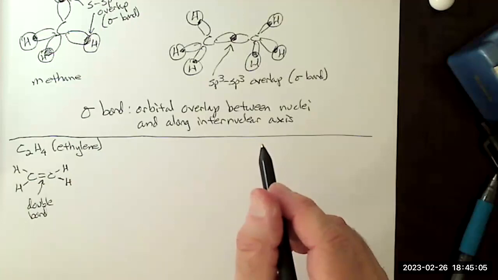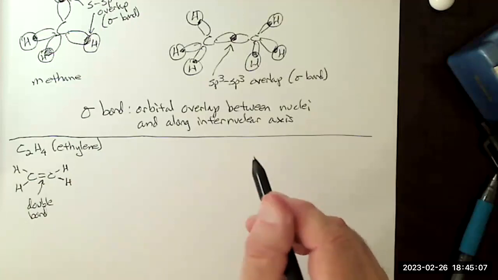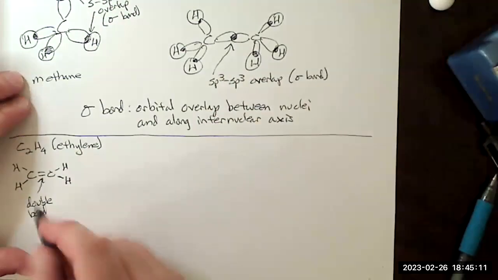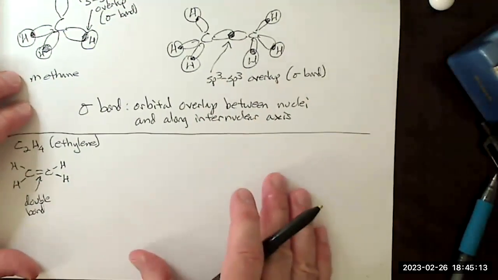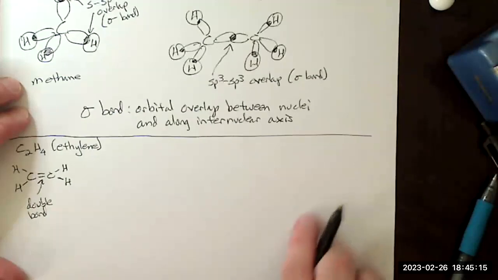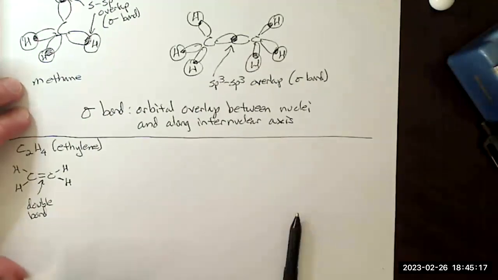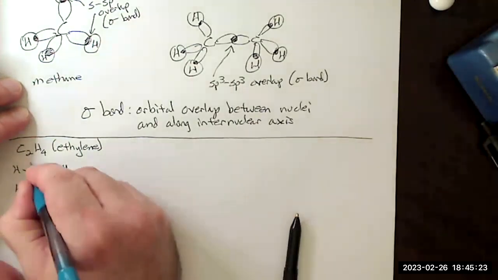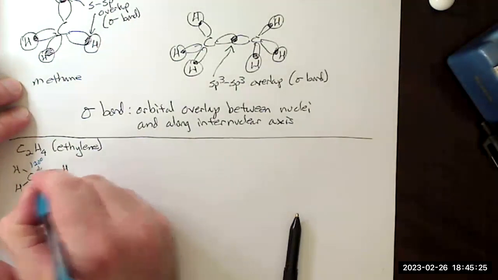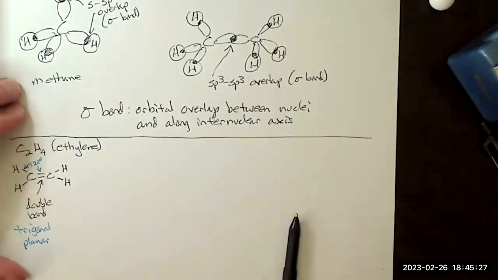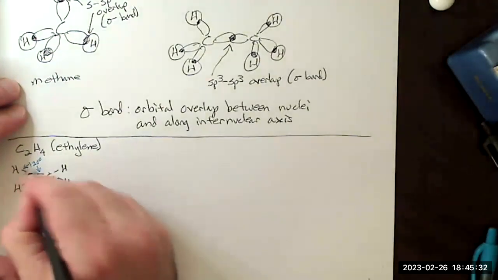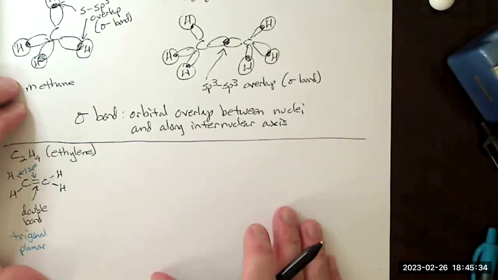And so you can review that, brush up a little bit on drawing things like double bonds, etc. This is also trigonal planar. The bond angle of 120 degrees. And that's the angle between those bonds.